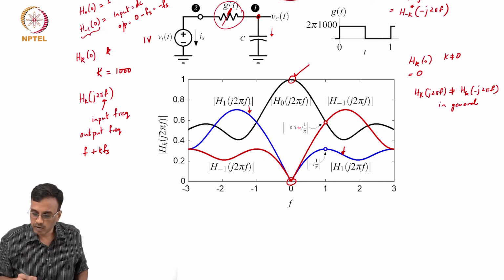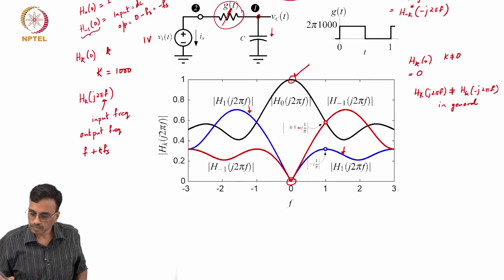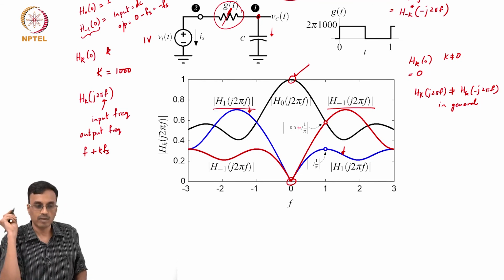Okay. So as you can see here, sure enough, the magnitude of H1 is not symmetric about the origin, right? However, H minus 1 of j2 pi f for positive f is the same as H plus 1 for negative frequencies, correct?